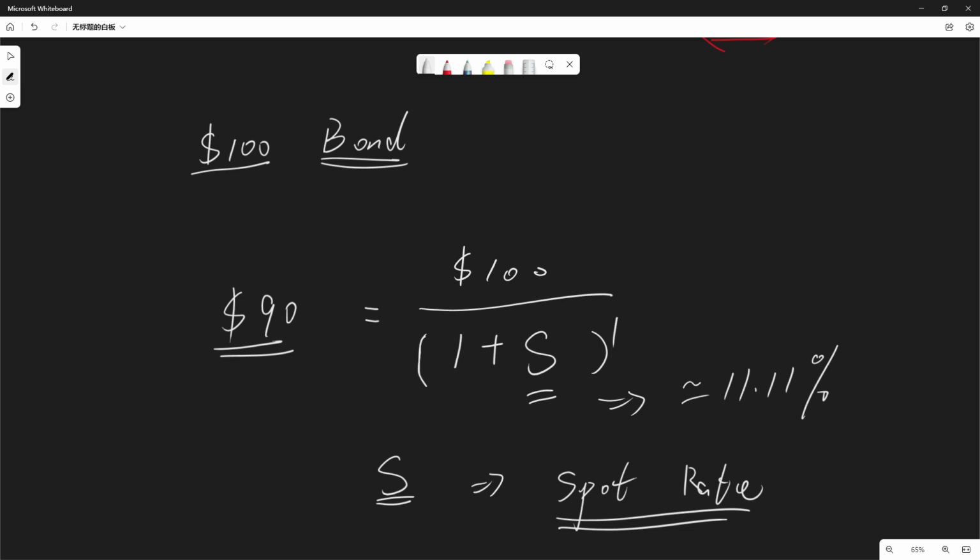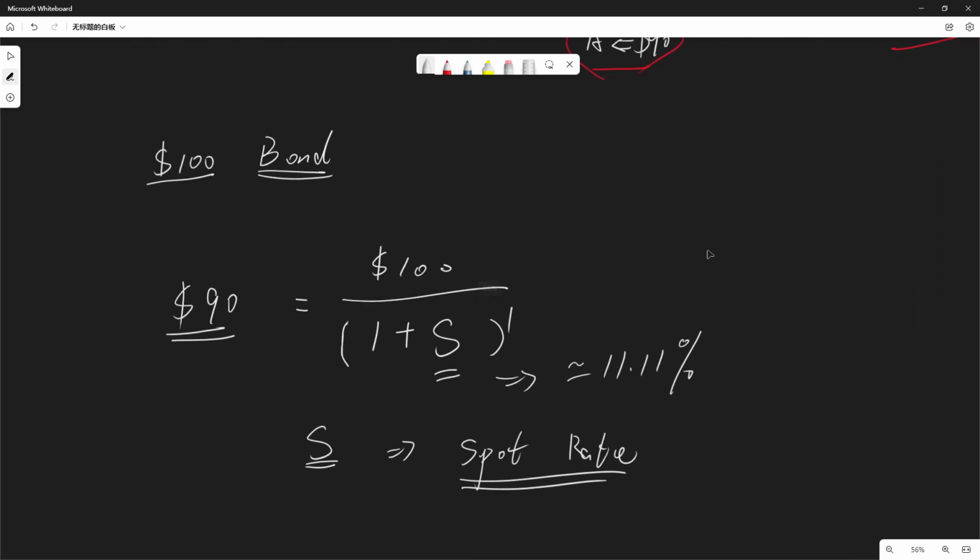So essentially, if you memorize this transaction, you know exactly what spot rate is, because we're dealing with a special bond that has no coupon to be paid.